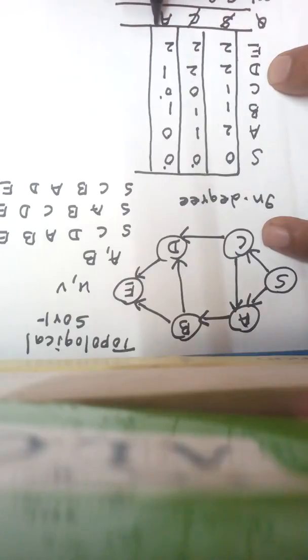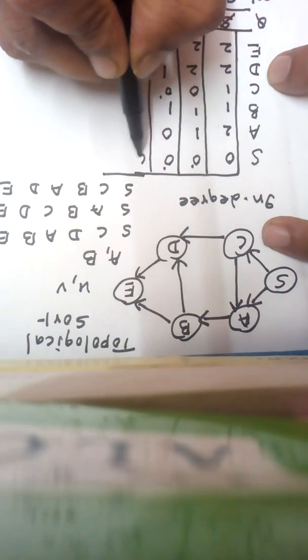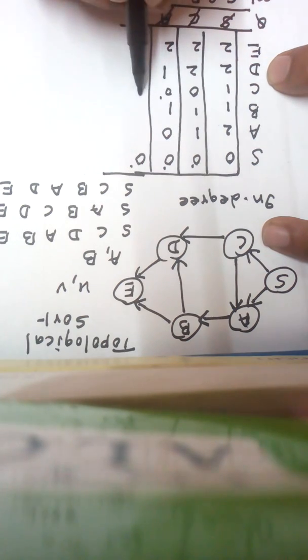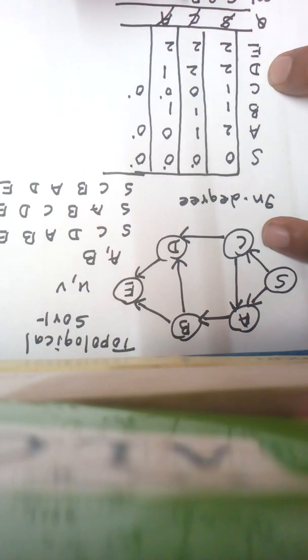Now DQ A, A gets into my solution set. These are the vertices I am done with. Now A is also done. So on taking A, what is the impact on the given graph?